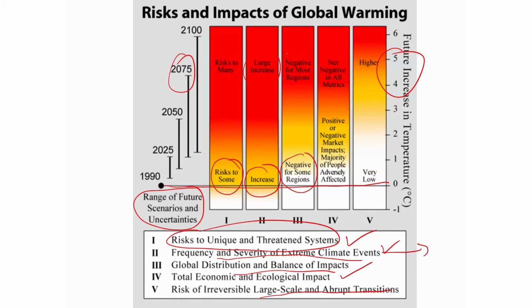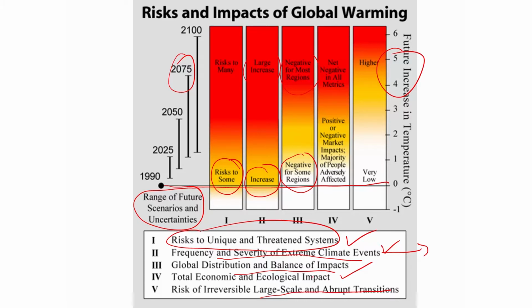Nonetheless, the models say that the impact is going to be negative for most of the regions of the world. And this has, as I said before, the impact of the vulnerabilities of your neighbors affecting you. So it may not be your vulnerability, but your neighbors are going to begin to impact your vulnerability.